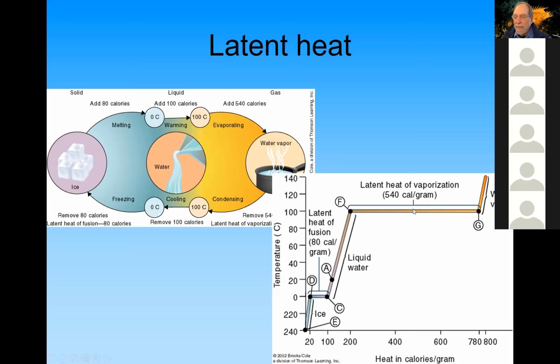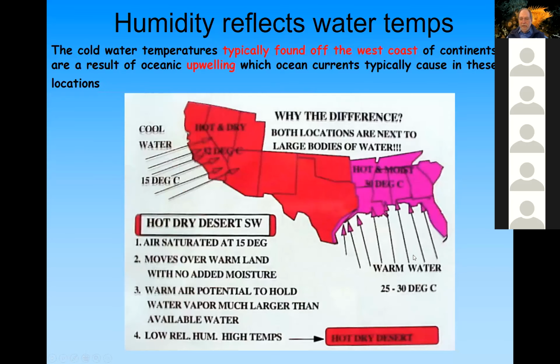And when that water then condenses and falls as rain, that heat is released. And so by forming water vapor at one part of the planet and moving it to another part of the planet, you can move not just the physical water, but the heat energy that was contained in the vaporization.